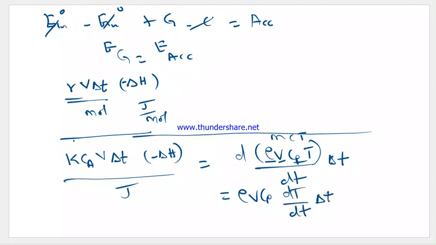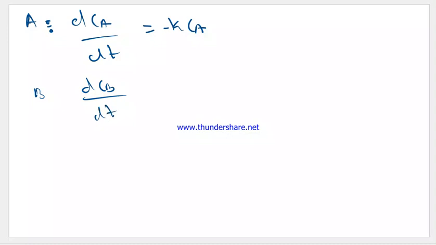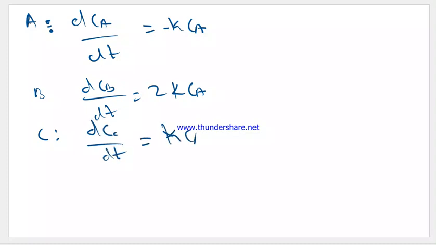So, in summary, we have all of these models put together. For A, dCA/dt equals minus kCA. For B, dCB/dt is equal to 2kCA, and for C, dCC/dt equals kCA.